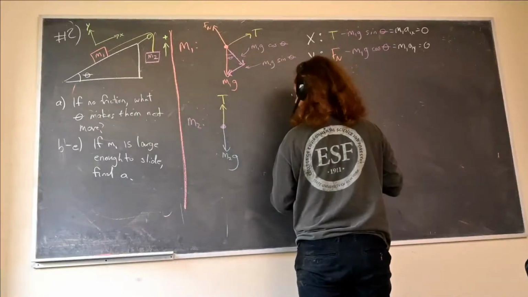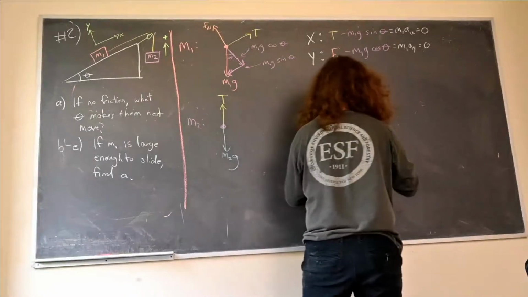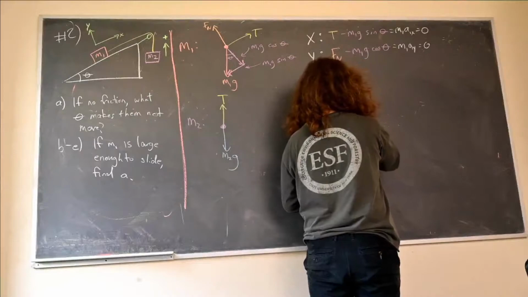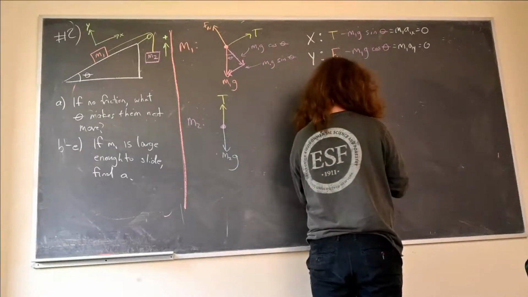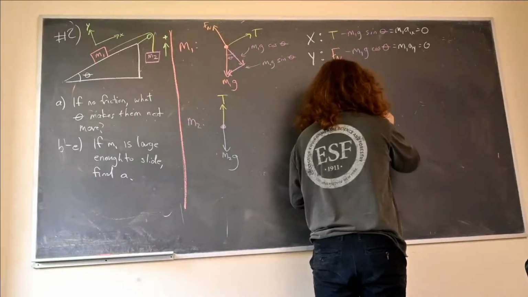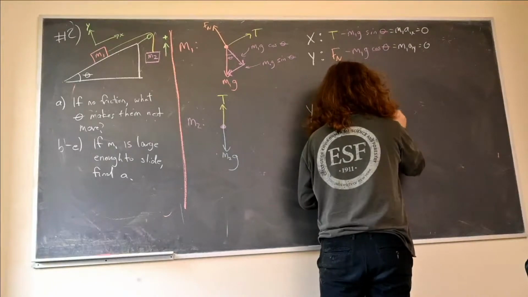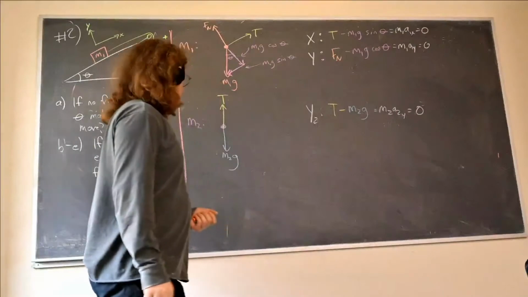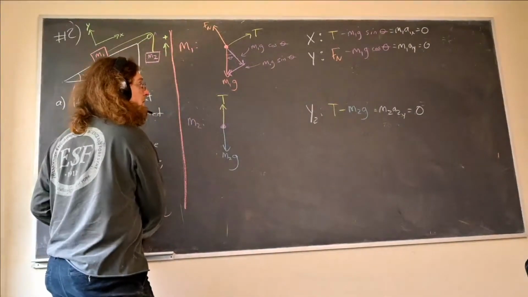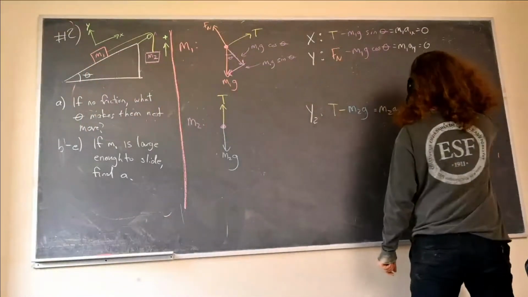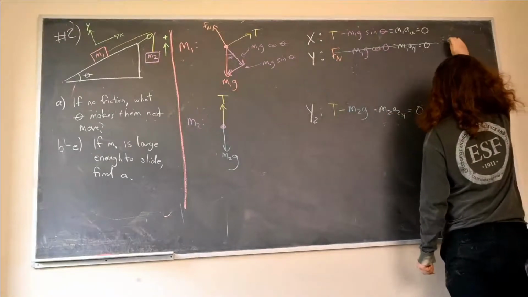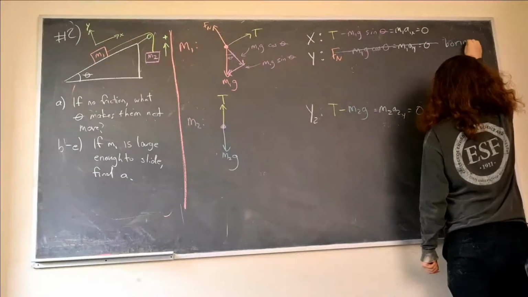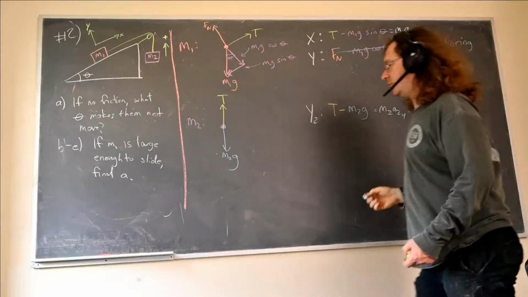And then finally here, I have T minus m2g equals m2a2y, which is 0. Now, this equation here, I'm just going to cross out and write boring, because none of its variables appear anywhere else.